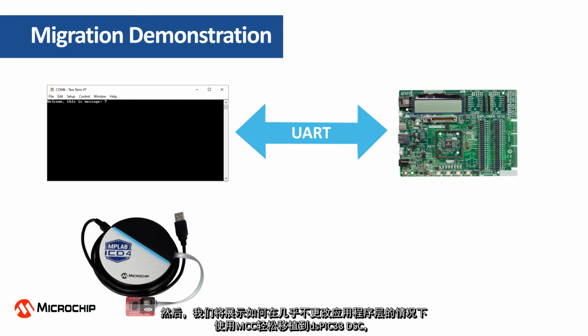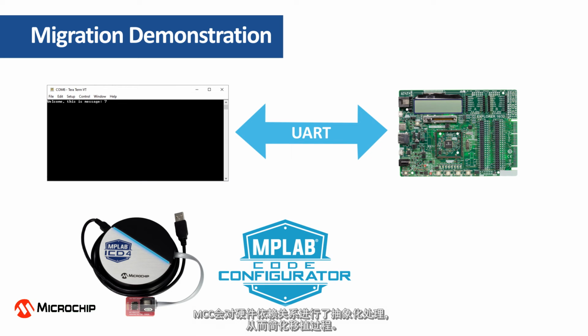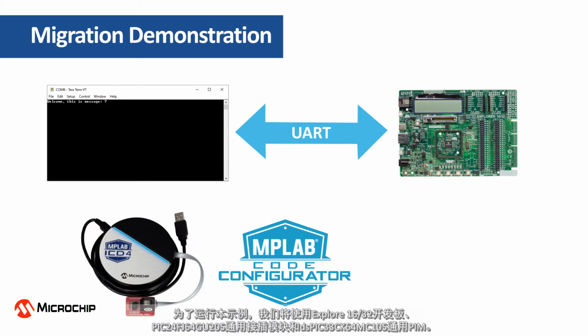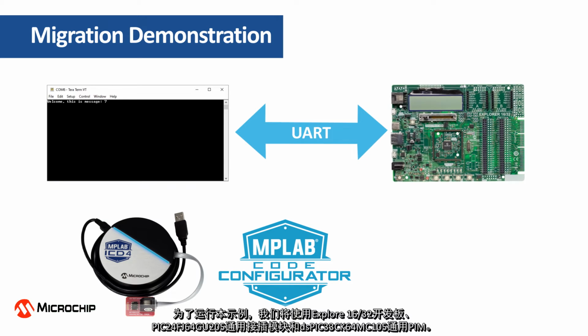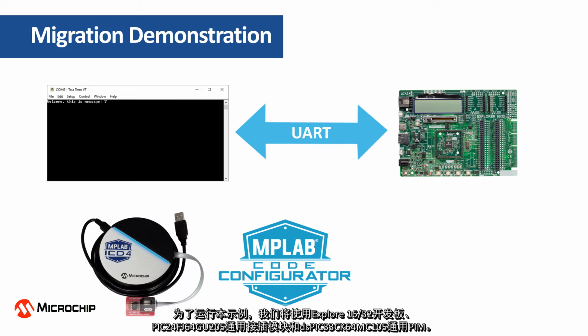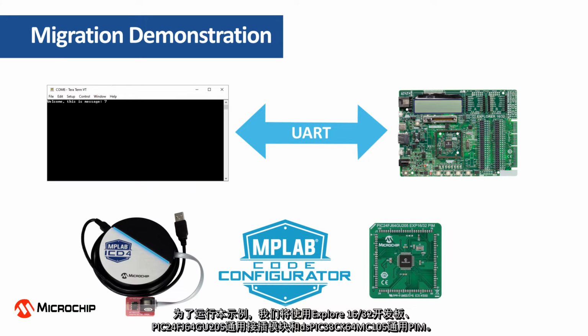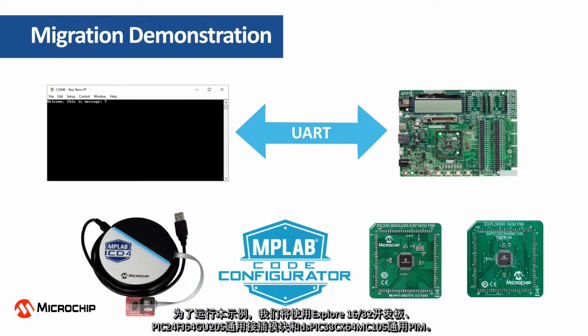We will then show the ease of migrating to a dsPIC33 DSC with almost no changes to the application layer using MCC, which abstracts hardware dependencies and simplifies the porting. To run this example, we'll be using the Explorer 16/32 development board, a PIC24FJ64GU205 general-purpose plug-in module, and the dsPIC33CK64MC105 general-purpose PIM.